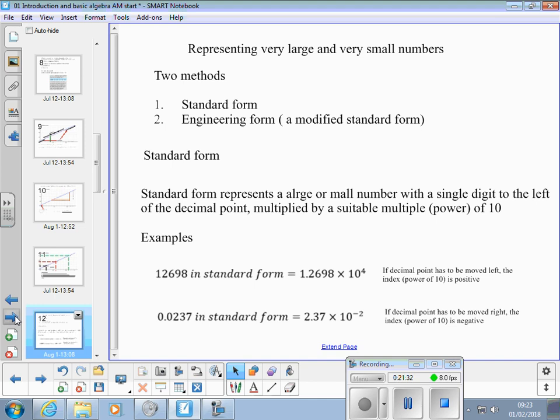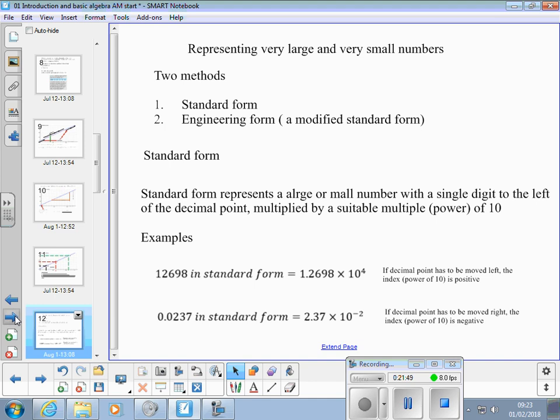So that's a little preamble about functions and the different types of functions we're going to be looking at. I'm going to move on now to representing very large and very small numbers. We already had a little bit of talk about it, but there are two methods.